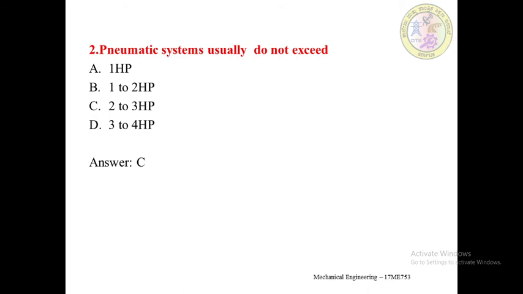Coming to the pneumatic system, question 2 says that a pneumatic system usually does not exceed, meaning the range of the pneumatic system will be 2 to 3 HP. The answer will be C. The options given are 1 HP, 1 to 2 HP, 2 to 3 HP, 3 to 4 HP. Obviously the option is 2 to 3 HP.